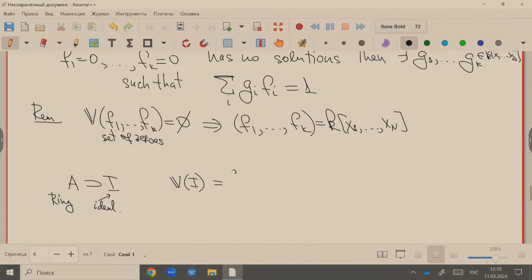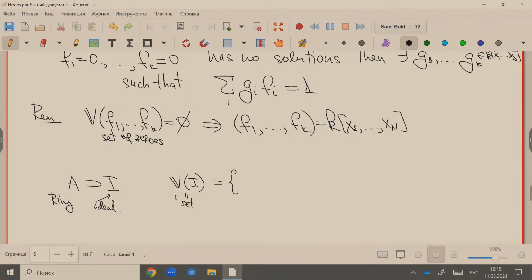More generally, in the theory of schemes, it is the set of all prime ideals.